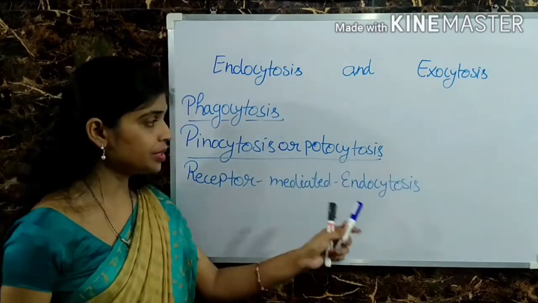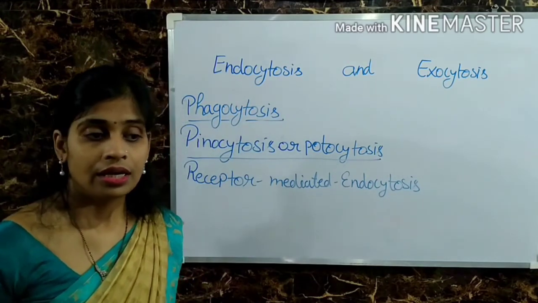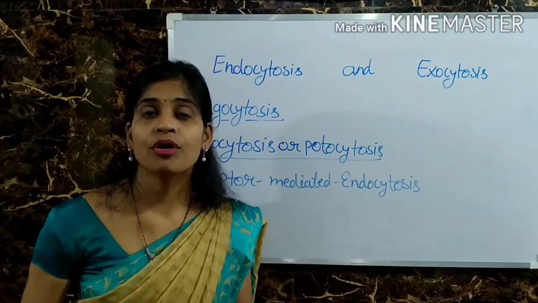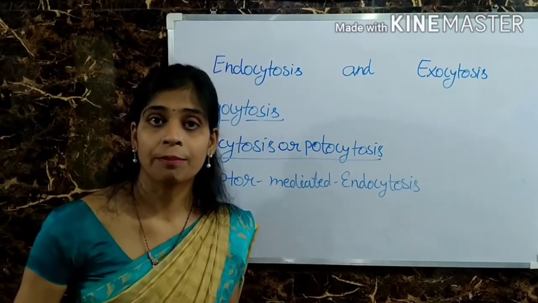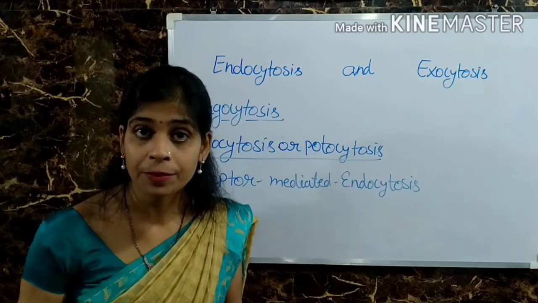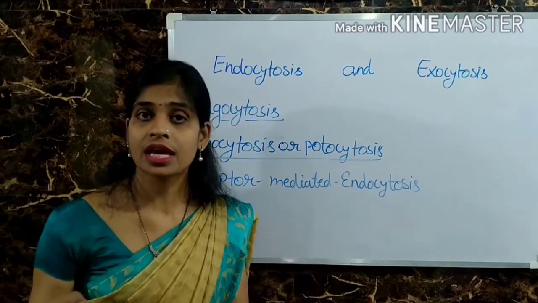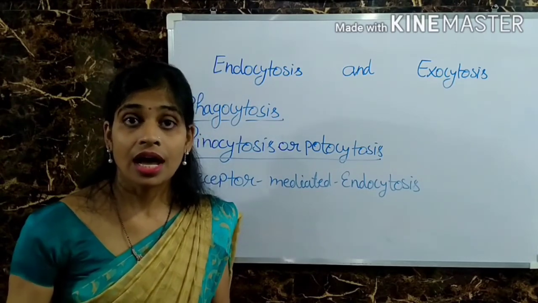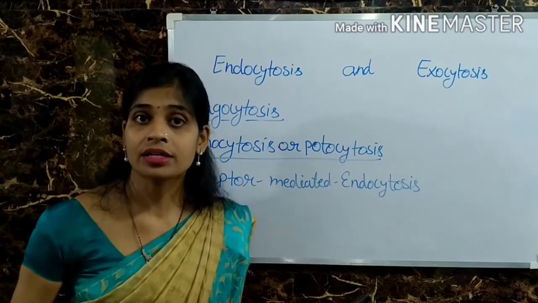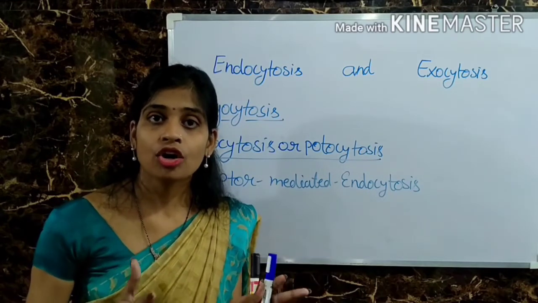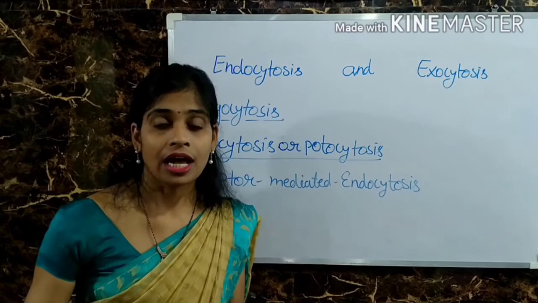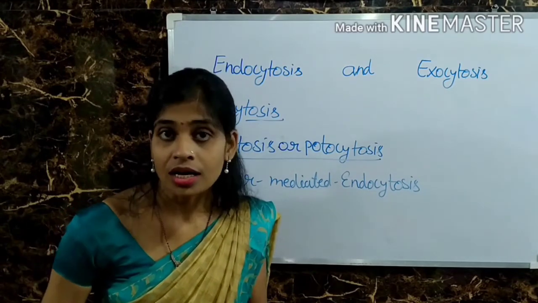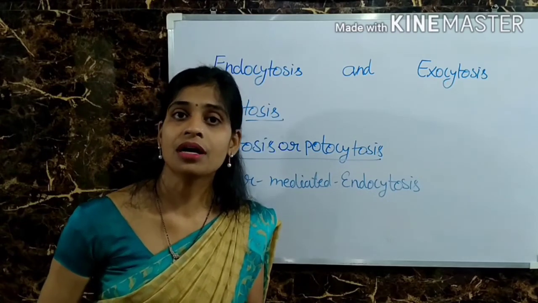Now, receptor mediated endocytosis. In receptor mediated endocytosis, the larger food molecules are received by the plasma membrane through some receptors, and when they are received inside the cell, they are broken down into simpler substances. The receptors that form at the time of taking in the food are also recycled, and on the other side of the plasma membrane they get out of the cell by rupturing the plasma membrane.